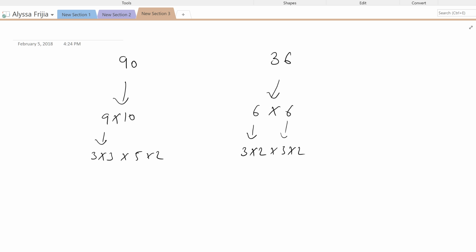Now we have to find the common factors in these two factorizations. 3. 2 3s are common, so write 1 3 and 2 3s are common, right? That is common, and then that is common as well. What else is common? 2.